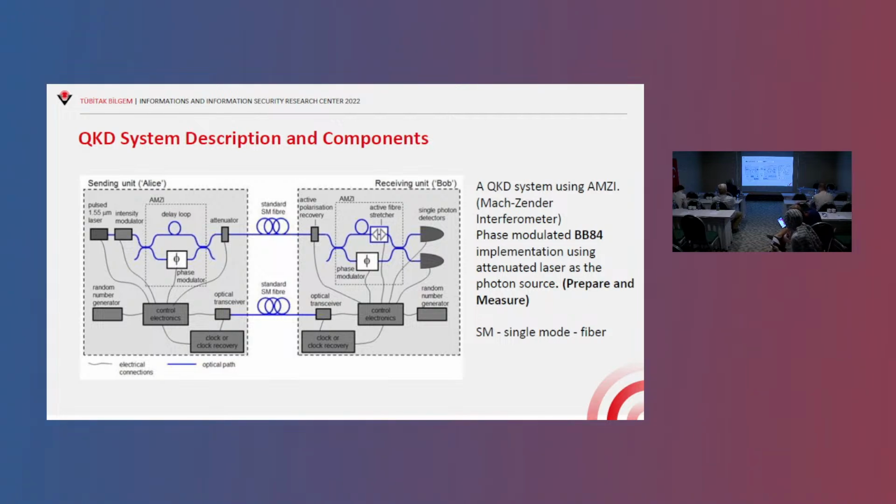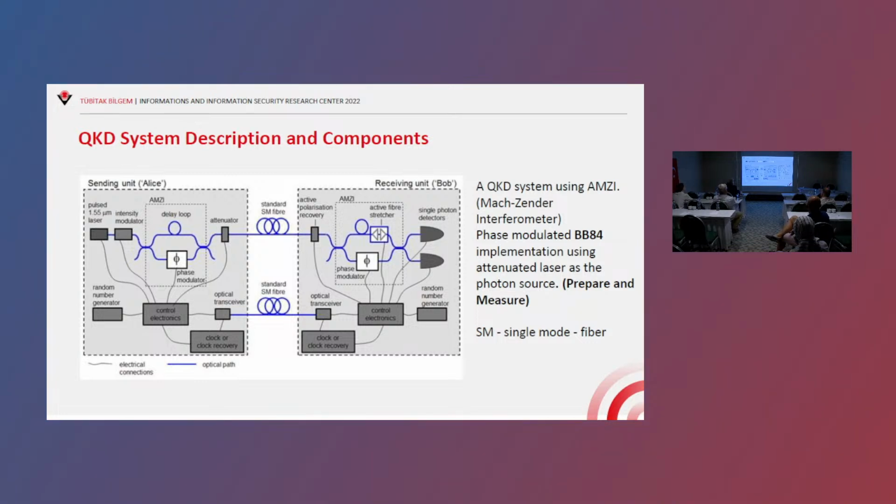Now let's look at some applications and some details. The previous diagram was a generic depiction, but in this particular example, we again have these random number generators and control electronics. But now the random number generator dictates the phase. This is a Mach-Zehnder interferometer that is used to encode the state of the photon.